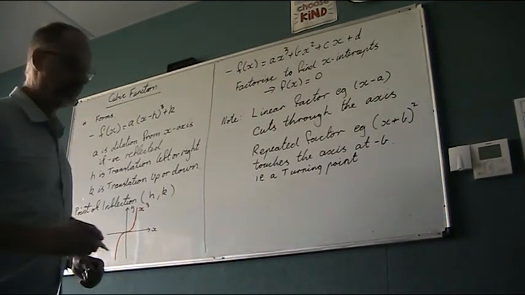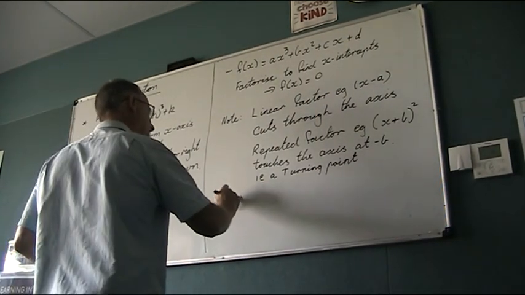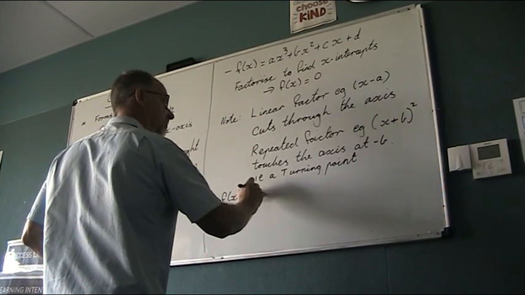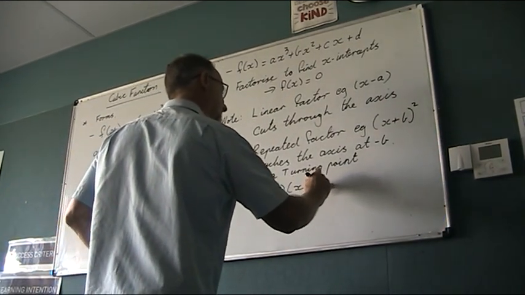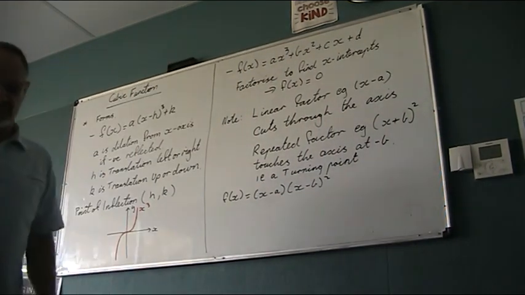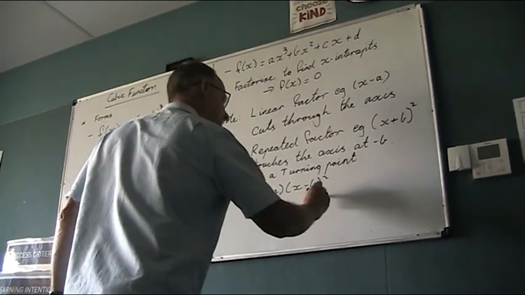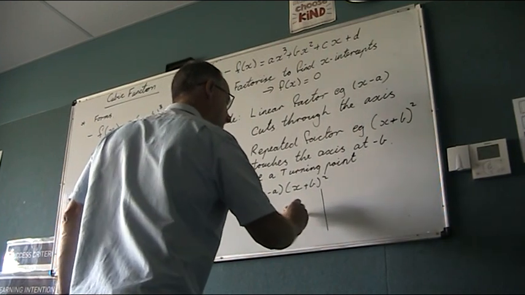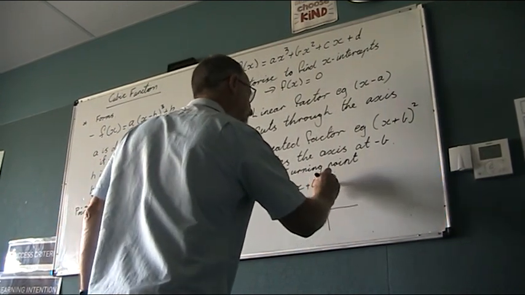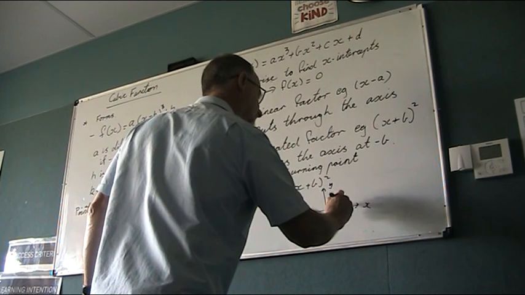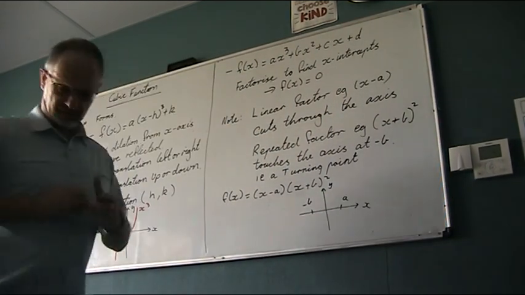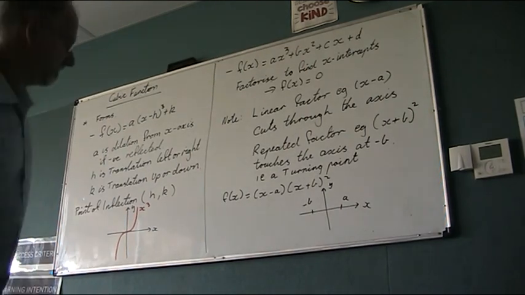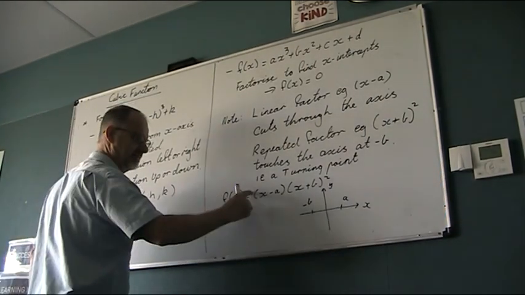So if I was to draw, for example, f(x) equals x minus a times x plus b squared, I would end up with, oops, plus b squared. So if a is there, negative b is there. Now it's a normal standard, hasn't been reflected, so there's no negative out here.